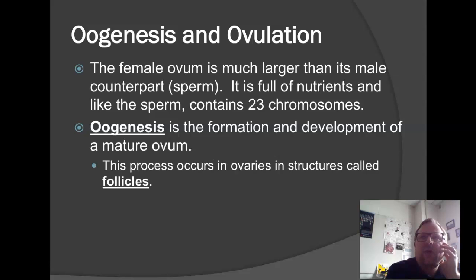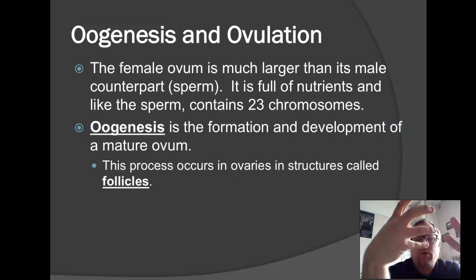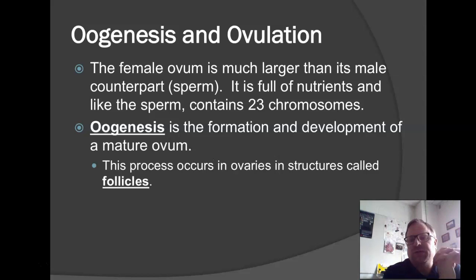And the egg, when it's fully matured, contains 23 chromosomes, just like a sperm does. Remember, that's half the complement of chromosomes that a normal cell would have. And the goal is to bring those two together so that when we get fertilization, the 23 and the 23 come together to make 46 chromosomes, a full complement of chromosomes.